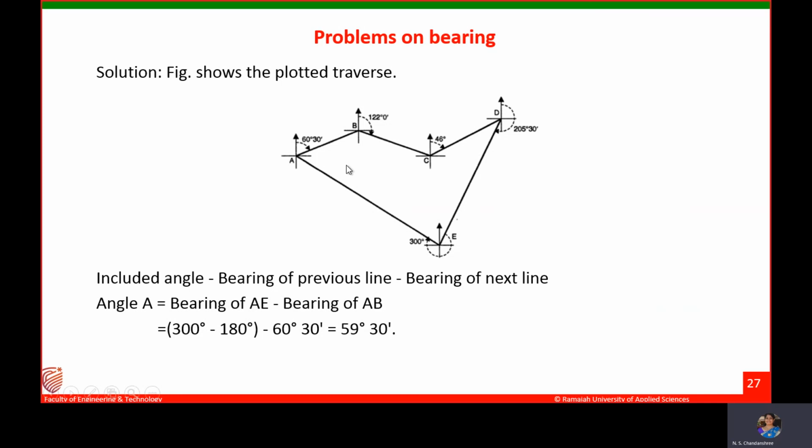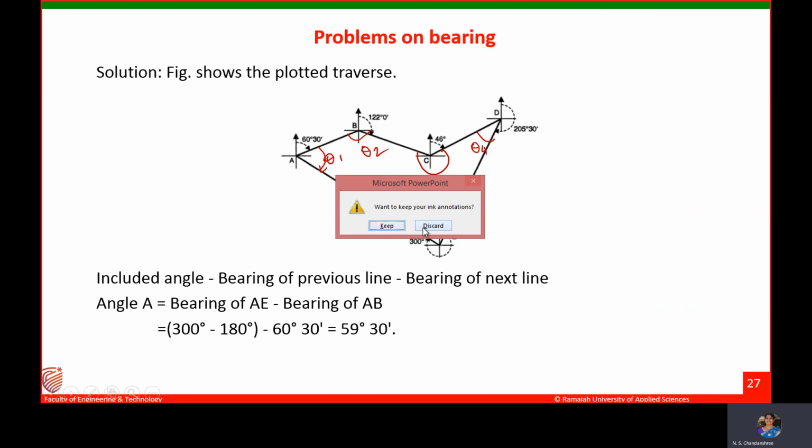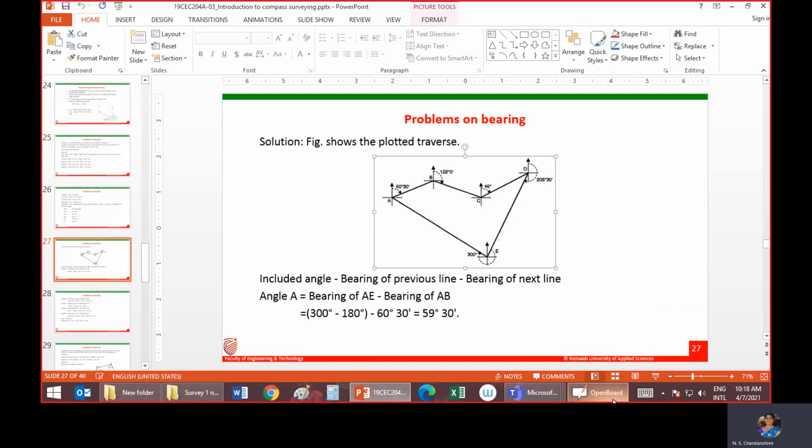We are asked to find the internal angles. The internal angles are theta 1, theta 2, theta 3, theta 4, and theta 5. So we'll solve that problem.